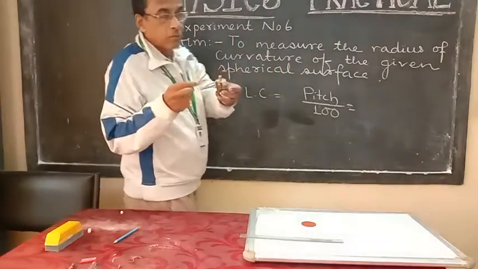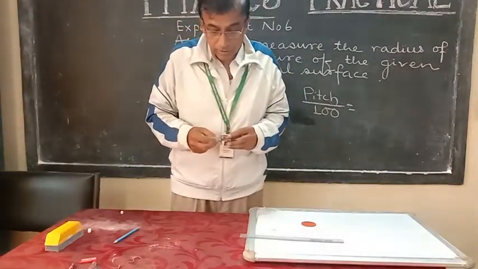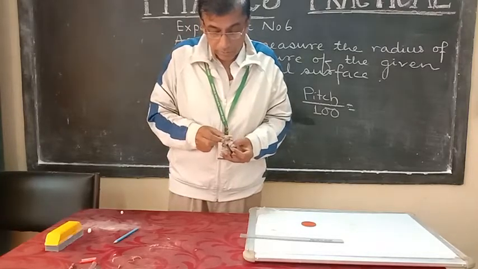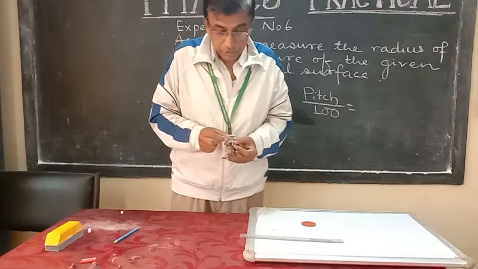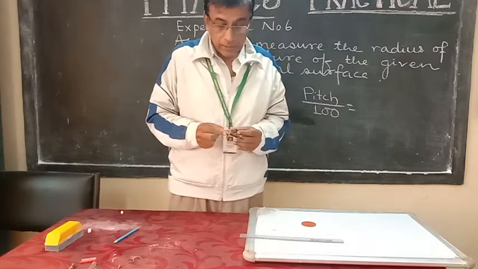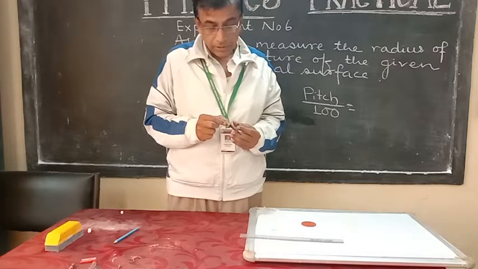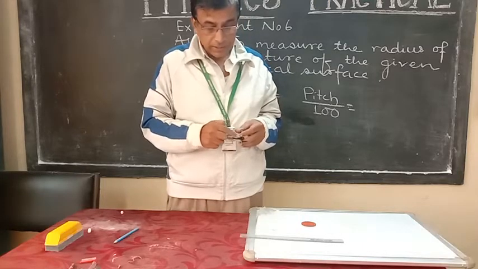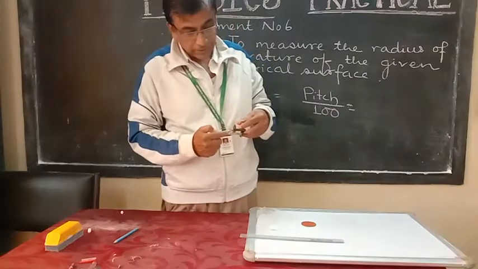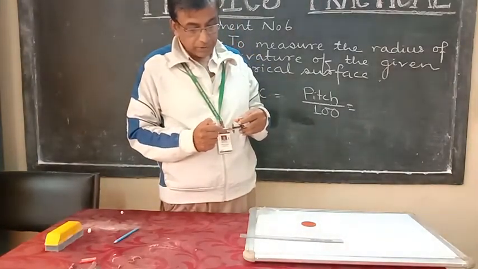When you are doing one rotation, suppose I am starting with 0 on the circular disc, and again the 0 is coming, it means one complete rotation is there, and on the main scale, or linear scale, it moves only one unit.